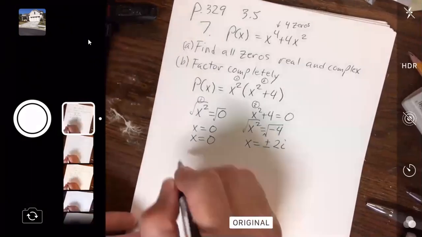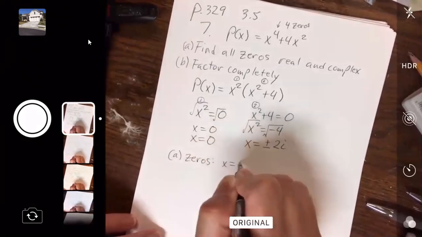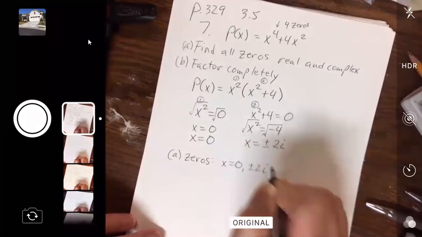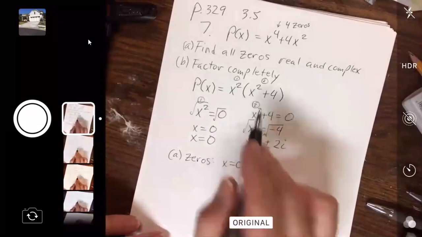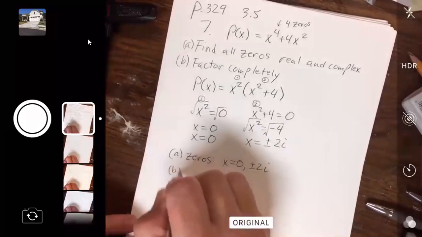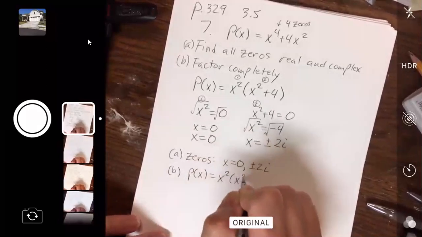So really the answer to A, zeros, are x equals 0 and plus minus 2i. And when I wrote this, that's my factor completely. So answer to B, p of x is x squared and x squared add 4.